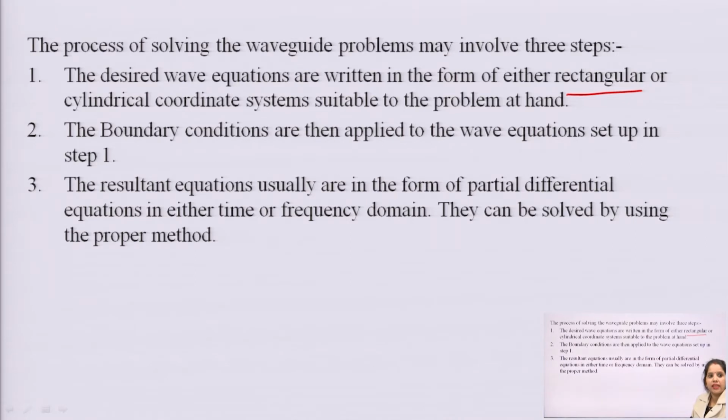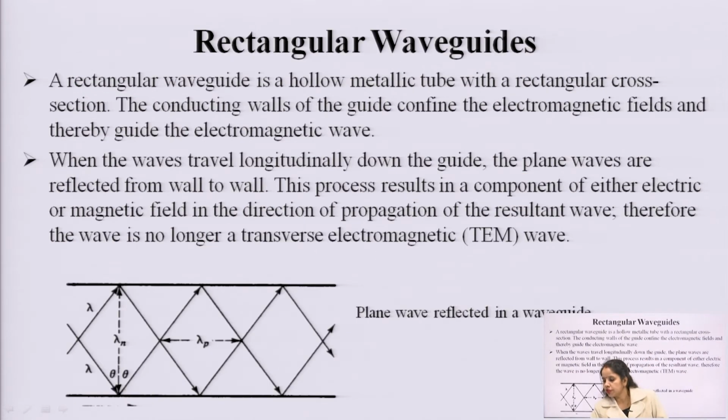Second, boundary conditions are then applied as per the conditions available to us. Third, the resultant equations are solved in the form of partial differential equations either in the time or the frequency domain. So, the first step is that we have to know the wave equation.